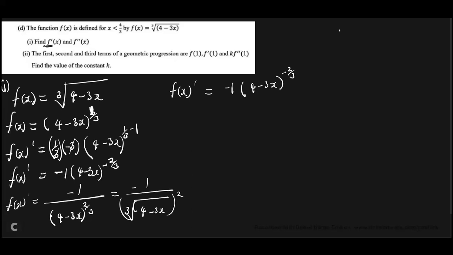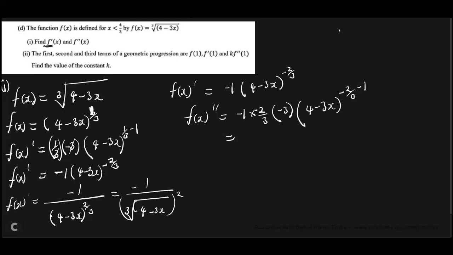Now let's find the second derivative. So the second derivative in this situation will be negative 1 times negative 2 over 3. Differentiate inside, it will be negative 3 here, right? Then it will be 4 minus 3x to the power negative 2 over 3 minus 1, like that.